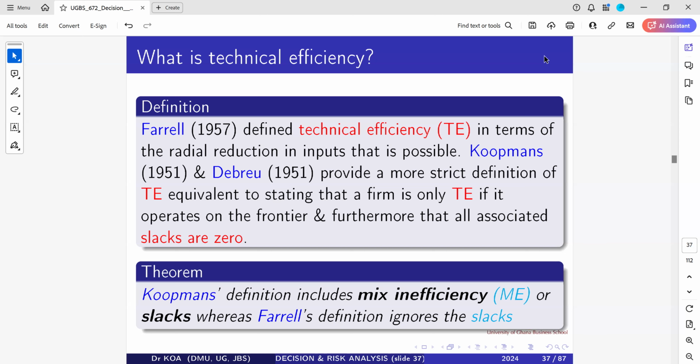If we could find a firm using a lesser input to produce the same output, then your efficiency had inefficiency in it. And that inefficiency is on your blind side. That inefficiency is said to be the mix inefficiency.